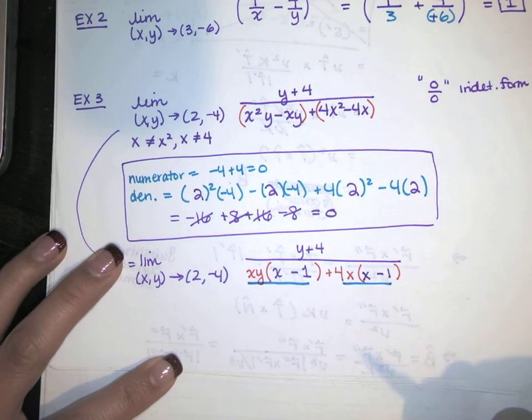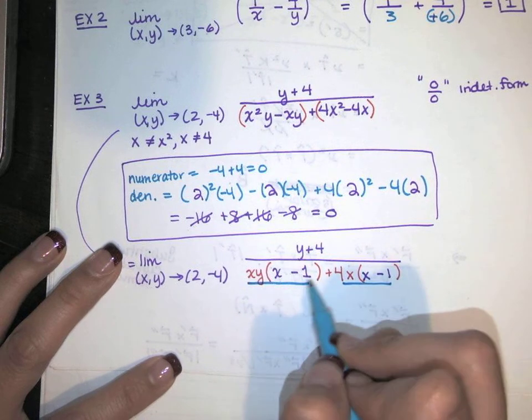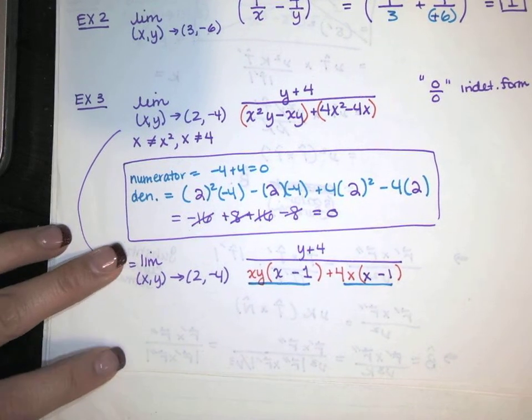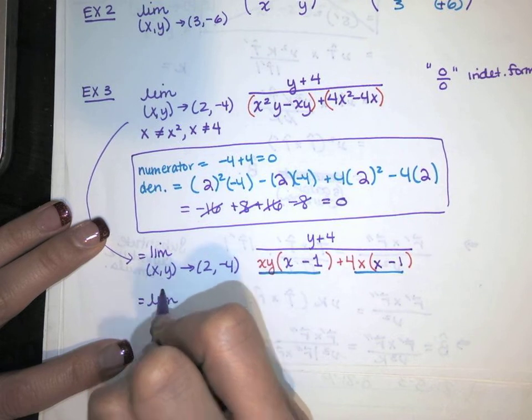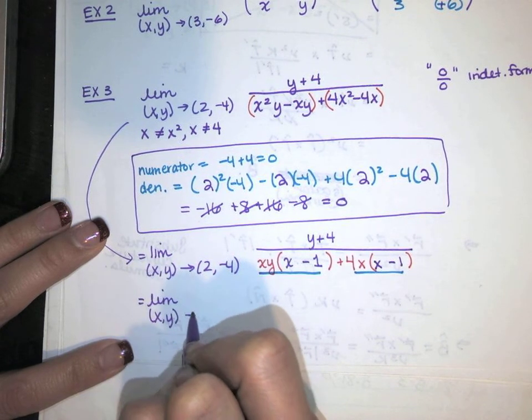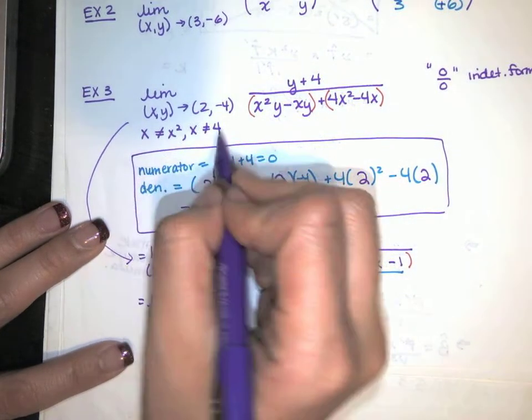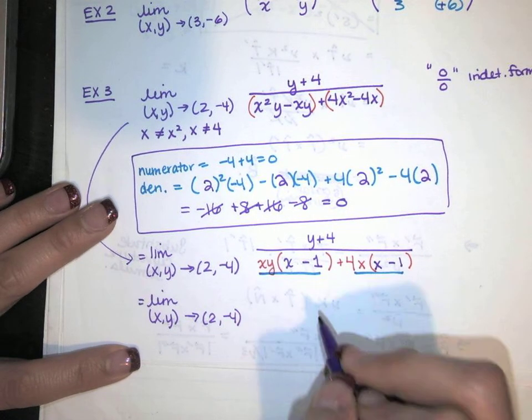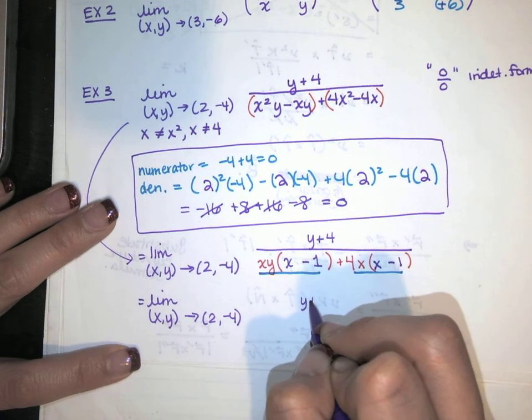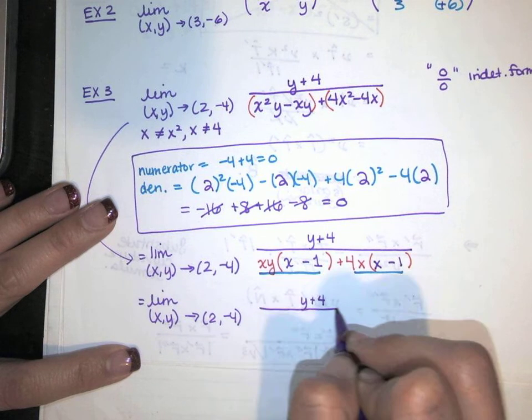So now I look at this group and this group. What do these two groups have in common? I hope you said x minus 1, because that's what they have in common. So we can factor that further. And there are all these restrictions. I'm not going to keep writing them down, but I'll refer back to them later. Got a y plus 4 in the numerator.